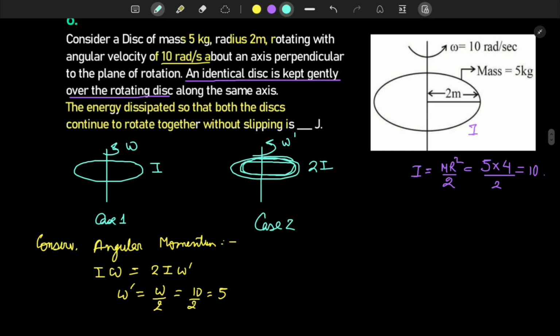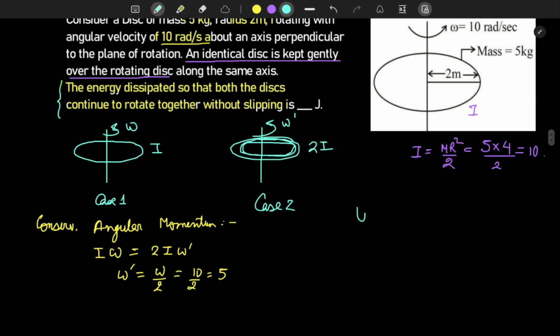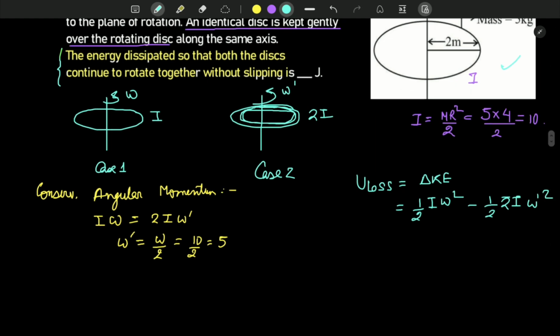Now in the question we have been told the energy dissipated so that both the disks continue to rotate. So I have to find out the energy loss. U loss is nothing but delta KE, the change in kinetic energy. So half I omega square. I am using rotational kinetic energy because for this disk there is no translational kinetic energy. So half I omega square, the initial kinetic energy, minus half into 2I omega dash square.